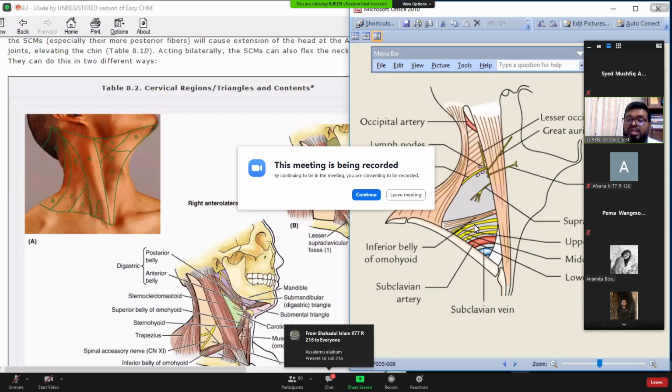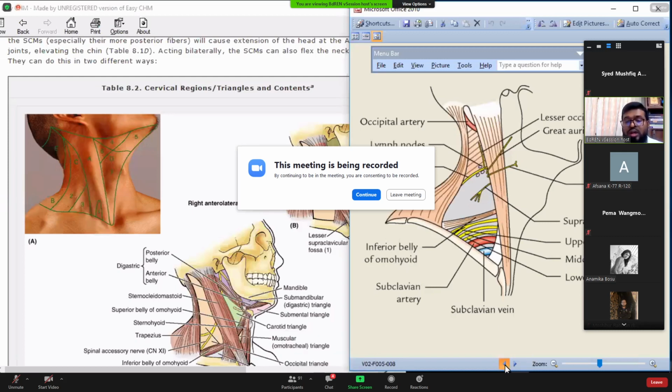These are present in the lower part of the posterior triangle, just beneath the inferior belly of the omohyoid. And there are two important structures as well: the subclavian artery, the subclavian vein, and the termination of the external jugular vein here also partly is there. So these are very important structures present in the posterior triangle.